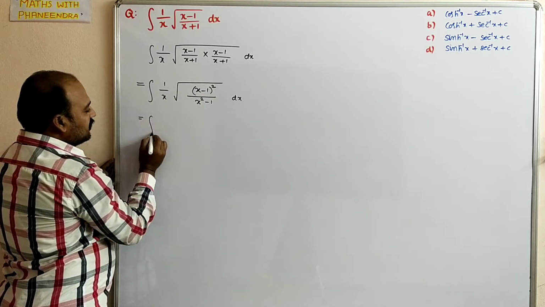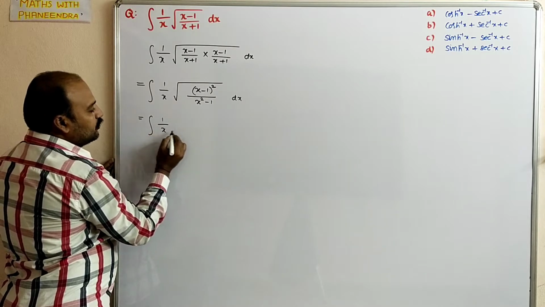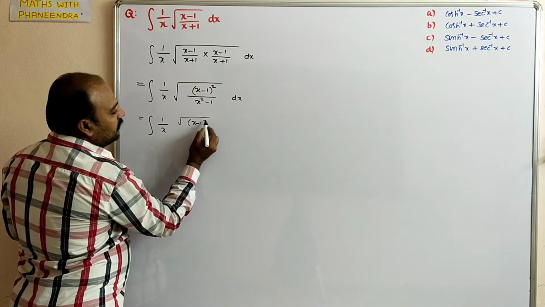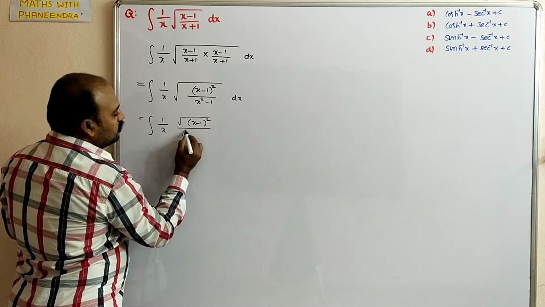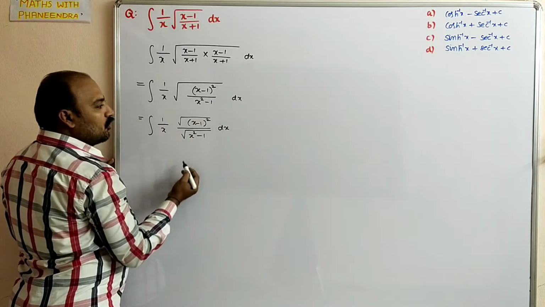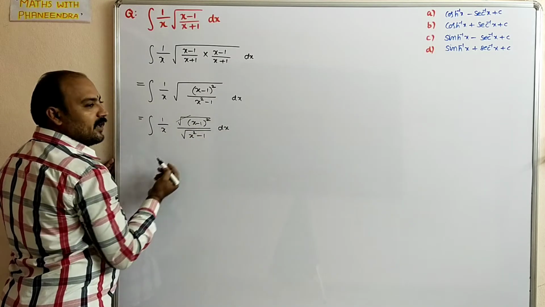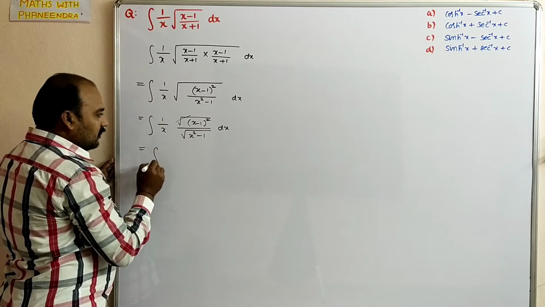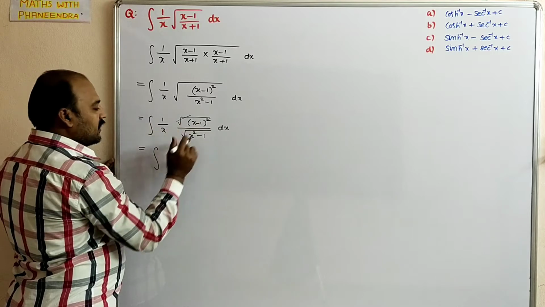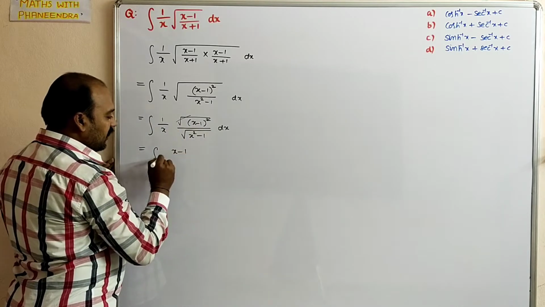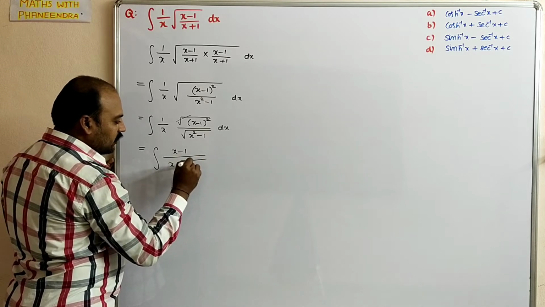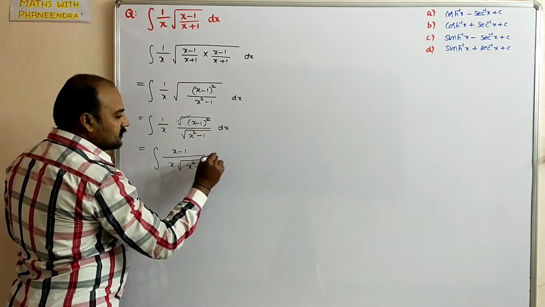So it becomes integral 1 by x into square root of (x minus 1) whole square divided by square root of x square minus 1 into dx. Now for the numerator, square and root will be cancelled. Integral 1 into (x minus 1) divided by x into square root of x square minus 1 into dx.